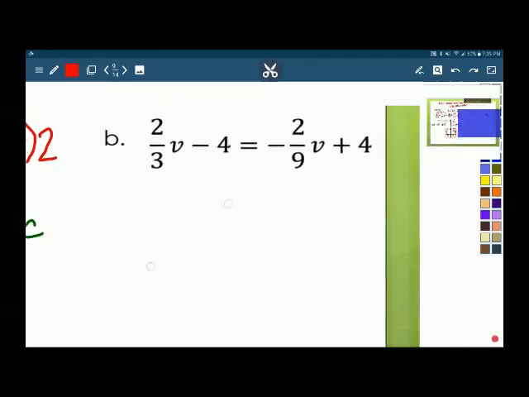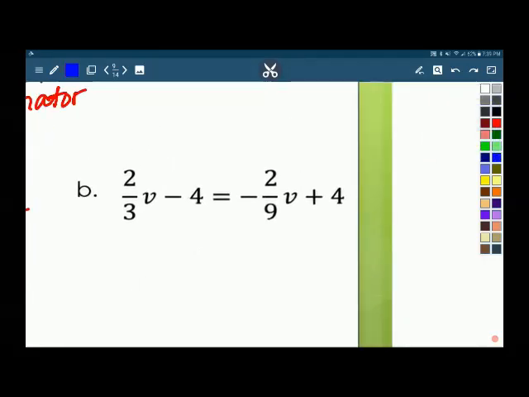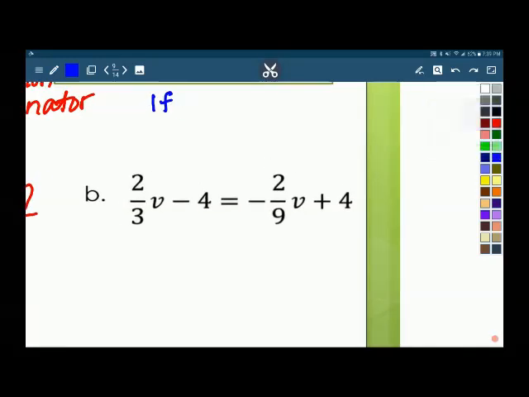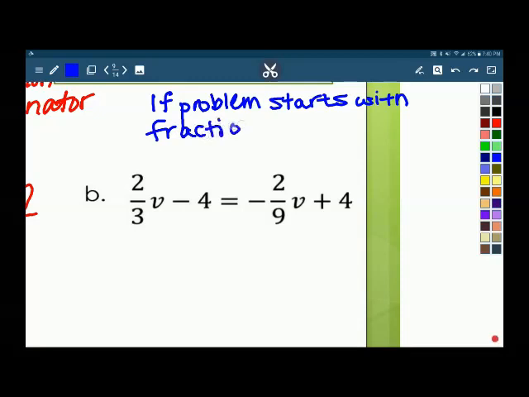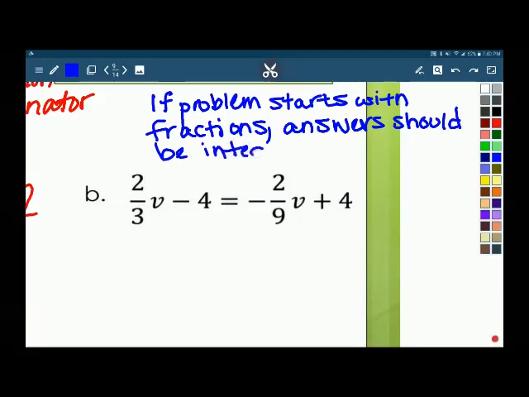But just remember, and I'm going to write this as a note, and I think you should write it too. Okay, if a problem starts with fractions, answers should be integers or fractions.